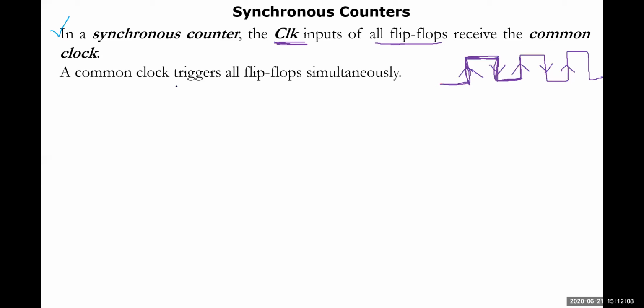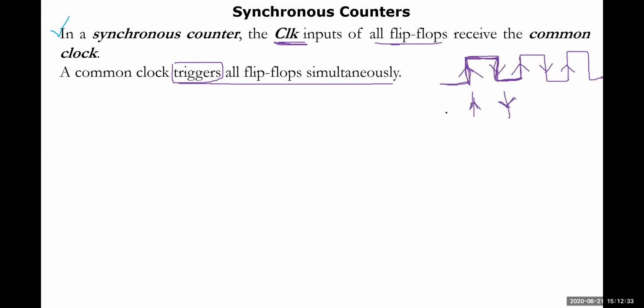The common clock triggers all flip-flops simultaneously. What does it mean? When we consider the triggering, what you need to understand is whether it is a positive direction or a negative direction. Based on the construction of your flip-flop, it might be either a positive direction or a negative direction.